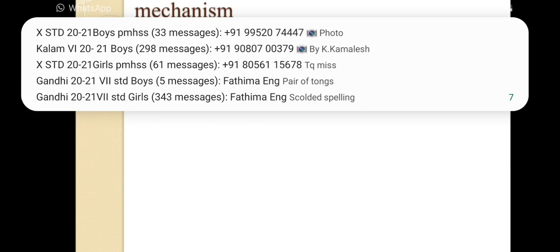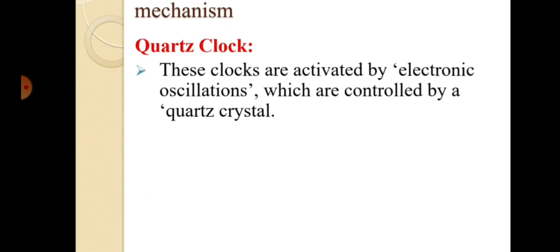One is quartz clock. In this clock a quartz crystal is there, and a system consisting of electronic vibrations that signals controlled by the quartz crystal. The clocks are activated by electronic oscillation which are controlled by quartz crystal.